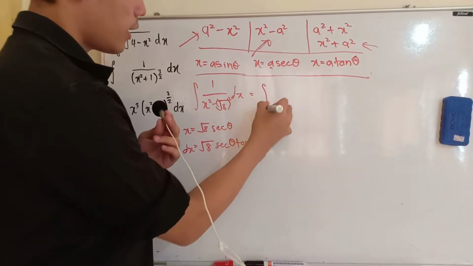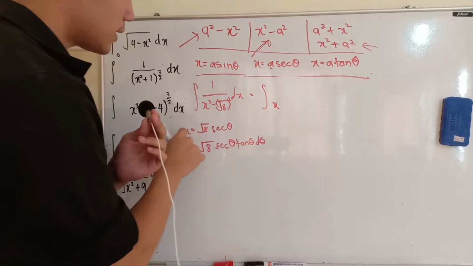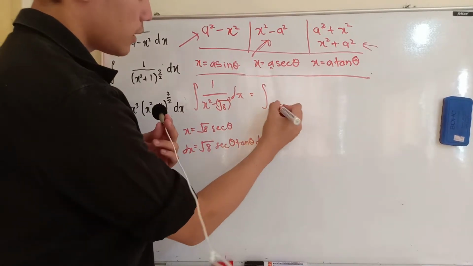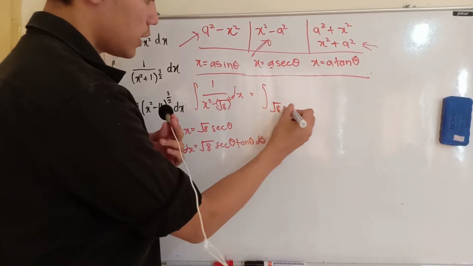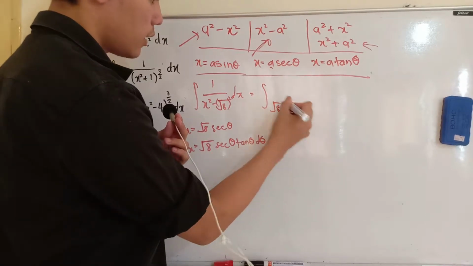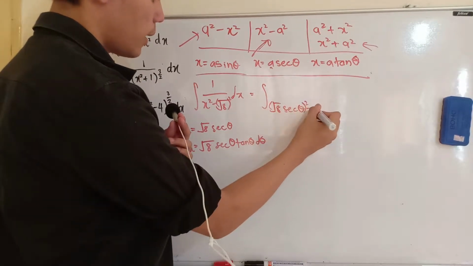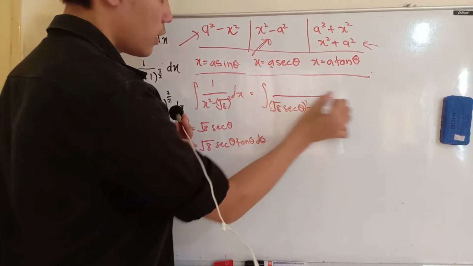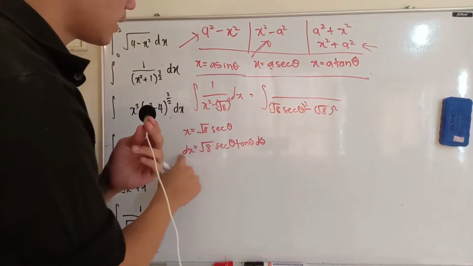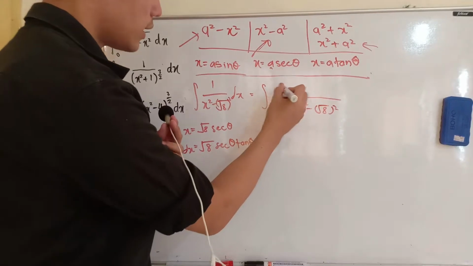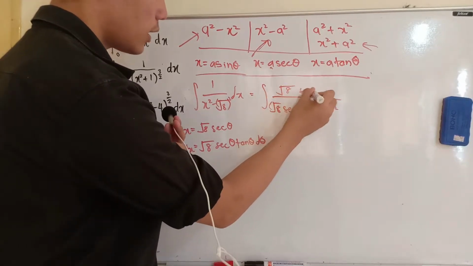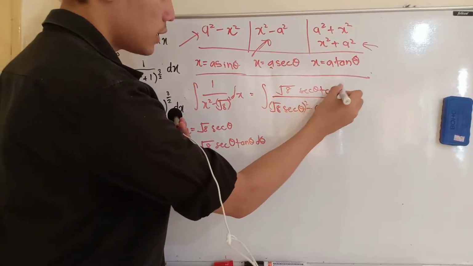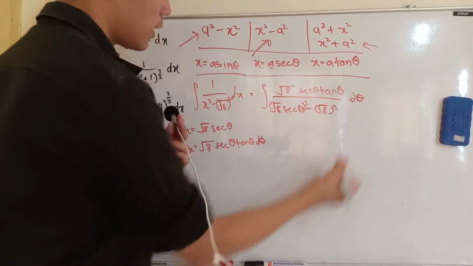My x is actually 8 secant theta, here we have x squared minus 8 squared, and my dx is 8 secant theta tangent theta d theta.